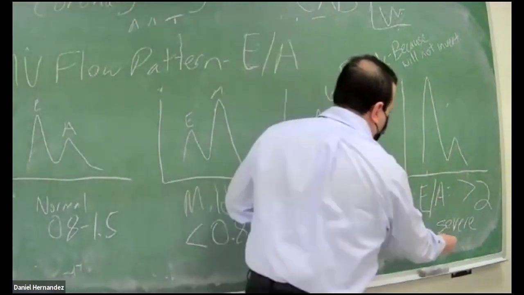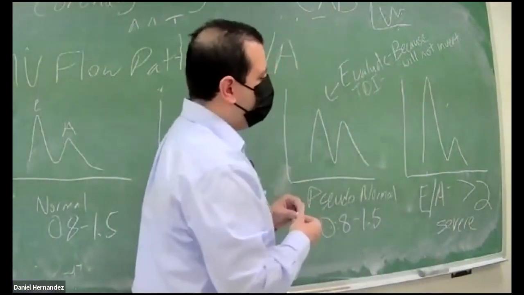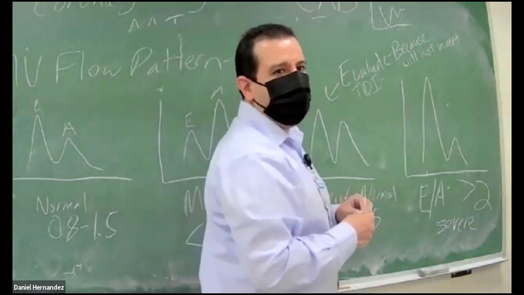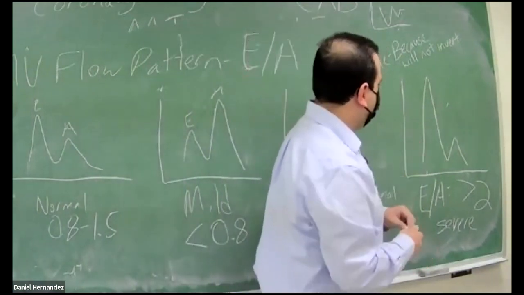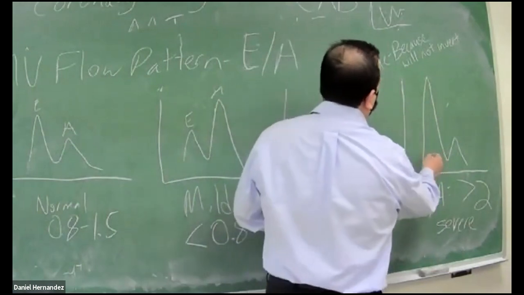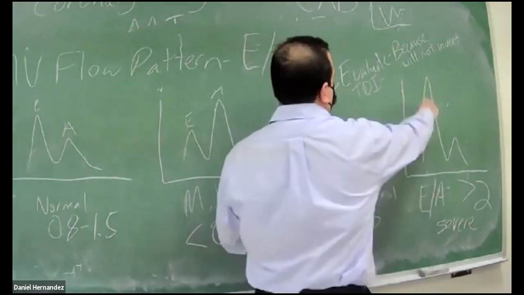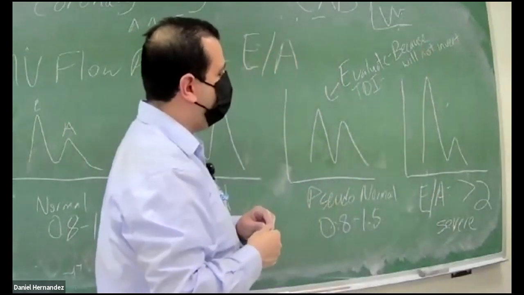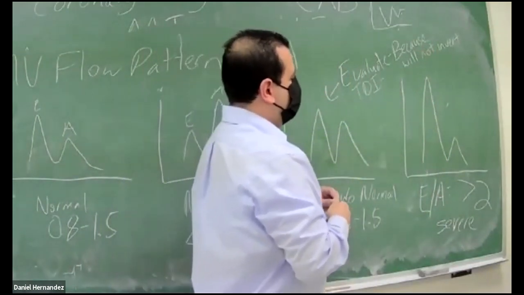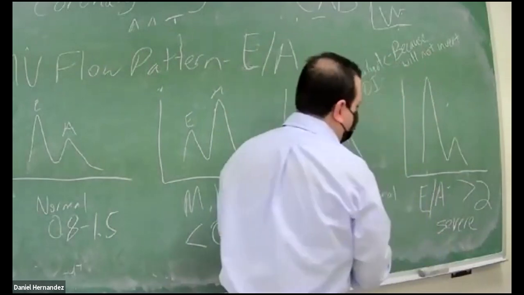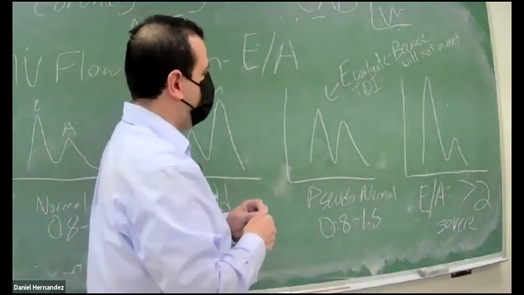The reason why, when you have severe diastolic dysfunction, you have high atrial pressures, so you're going to get a high pressure gradient. When that valve initially opens, you're going to get a huge, very fast surge of blood going in, because you have elevated pressures in your left atrium.